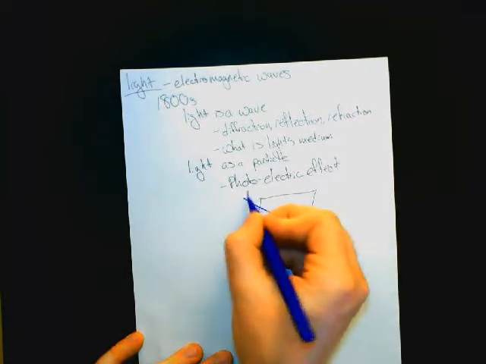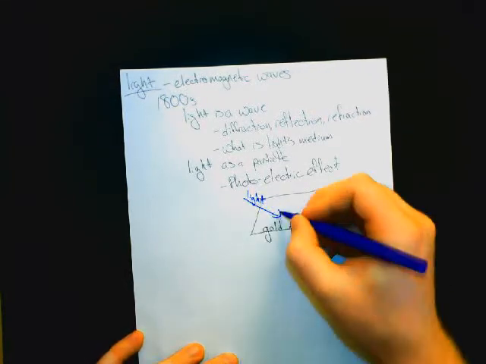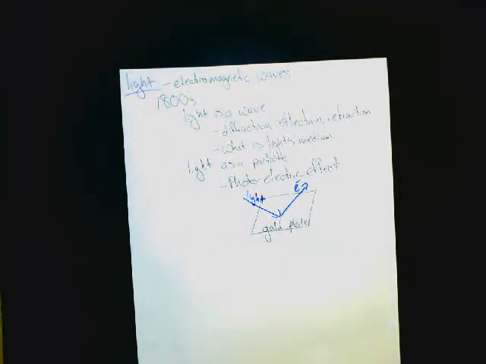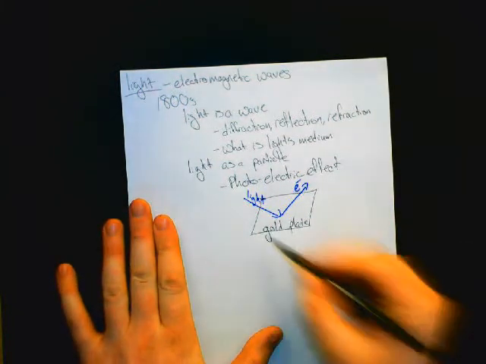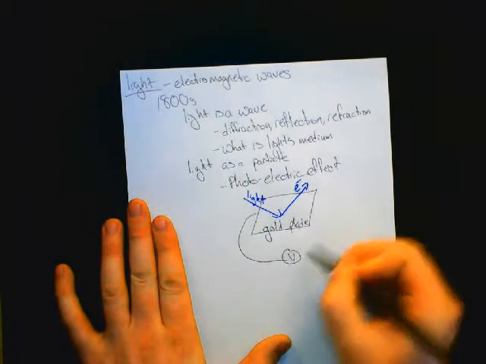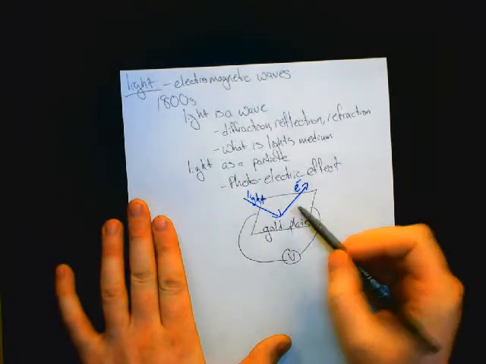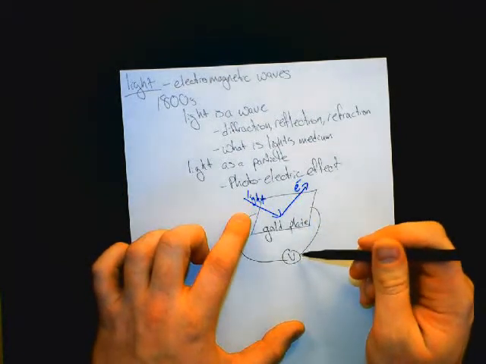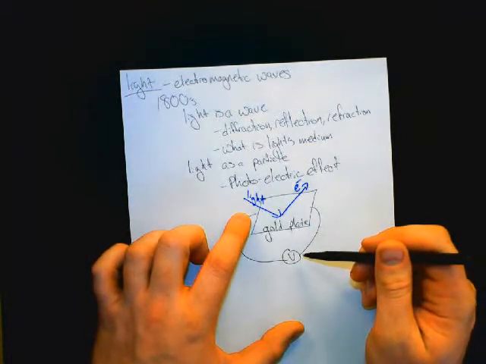And when we shine blue light, electrons bounce off. And we know that electrons bounce off because if we hook up a voltmeter to this, the leaving electrons cause a potential difference between the two sides of the plate, and that registers as a voltage. Good with that idea?